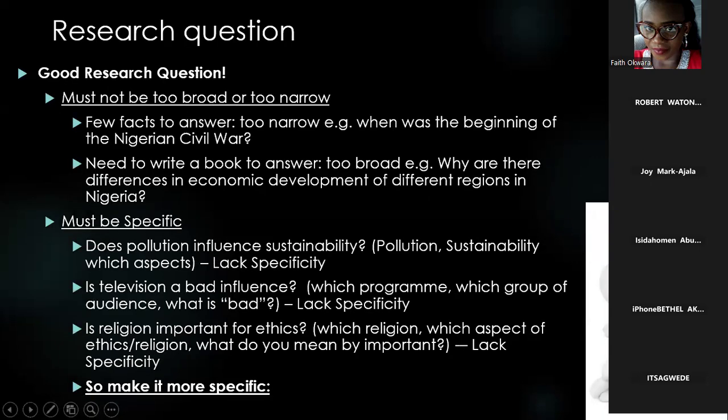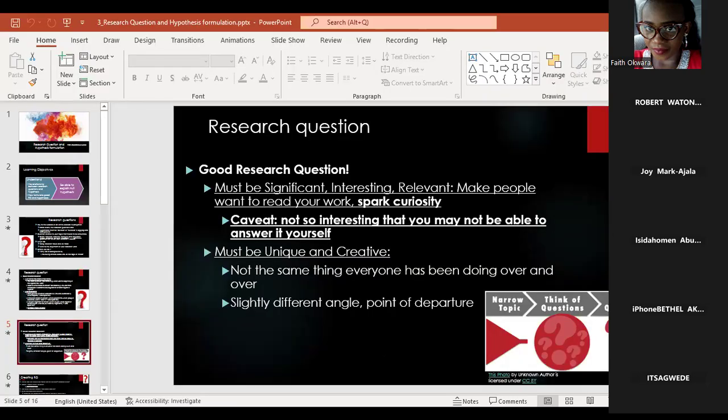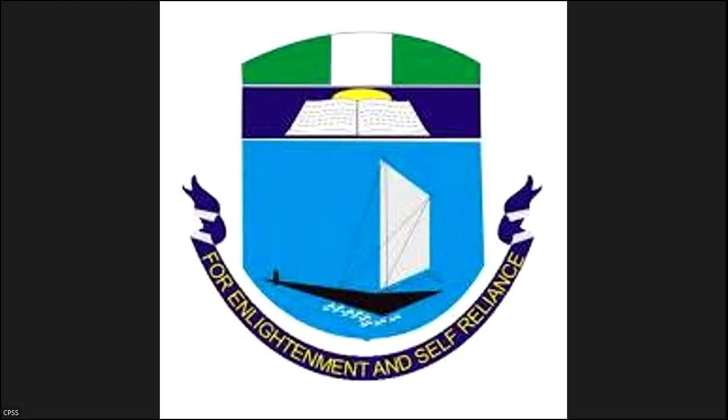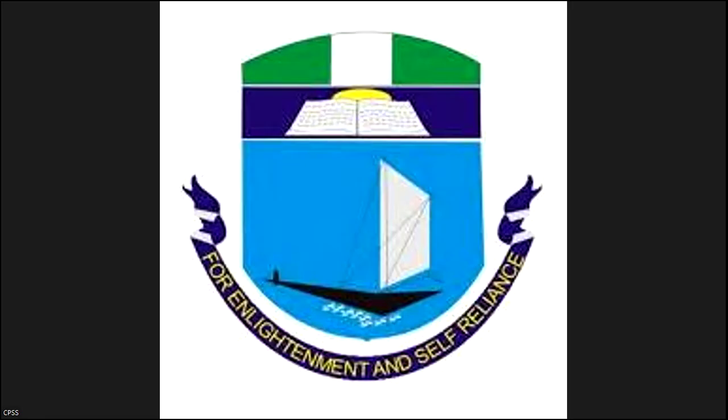It must be clear, which means that when reading it, somebody should understand it at a single reading. I should not have to read the question 3, 4, 5 times before I understand what you are trying to say. I've said it over and over. Whenever you are writing a scientific work, you are trying to communicate. You are not writing it for yourself.